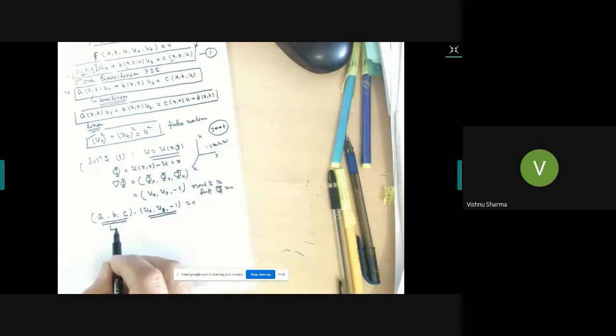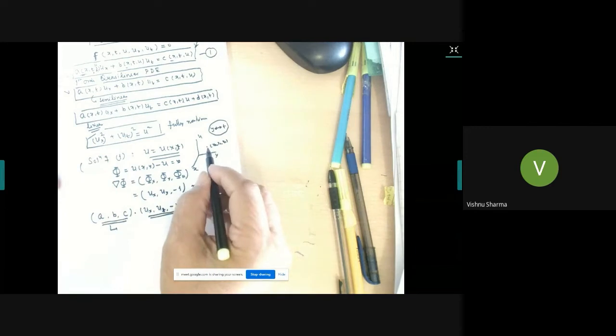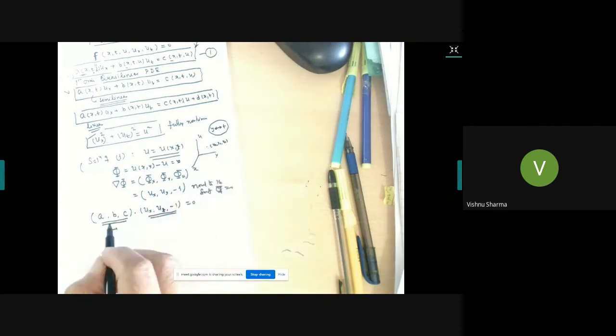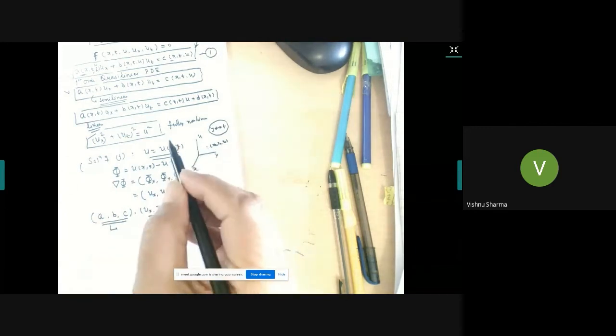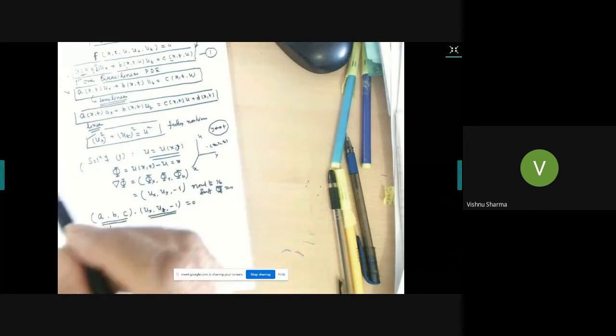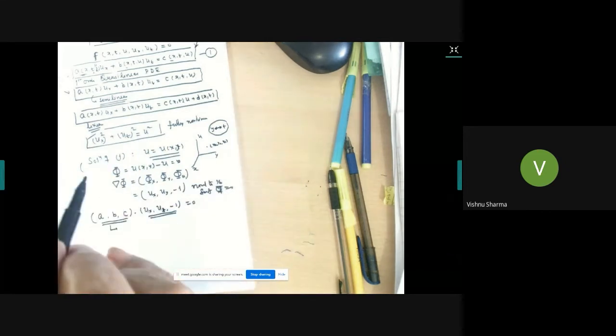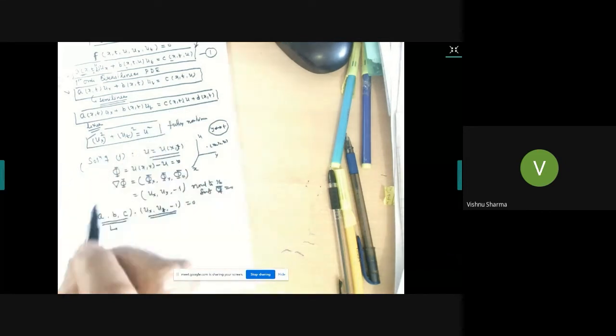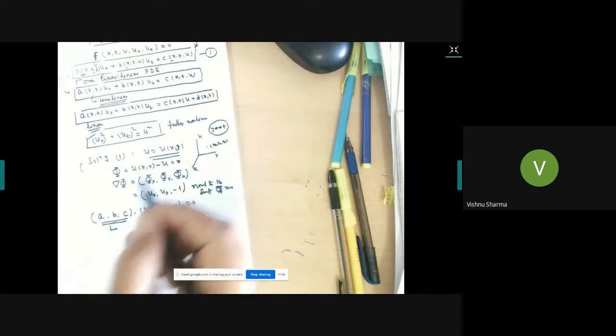So as I just said, if you think of a particle moving in space in such a way that the tangent at each point is in the direction of this vector field, what does it mean?